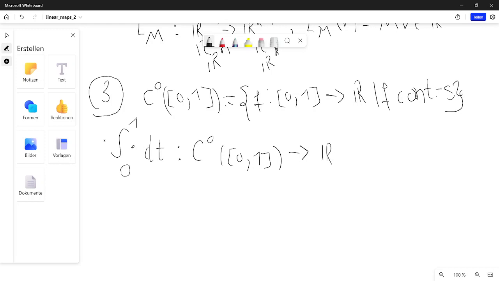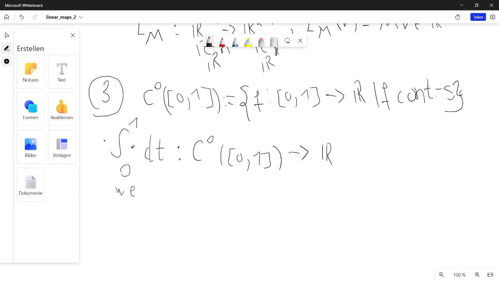That is, here is some f from the set. And if we compute this integral of the plugged-in f, then we get a real number, because the integral is defined as a real number. And that this is indeed well defined, well, you know it from school.